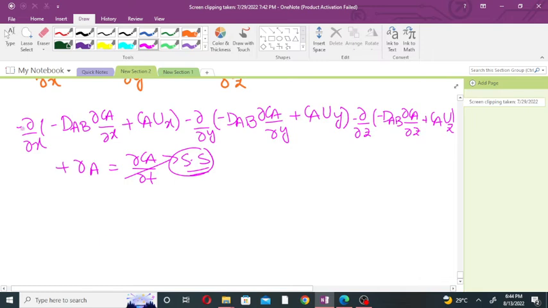You can further simplify this: minus times minus will be plus, and DAB is constant.